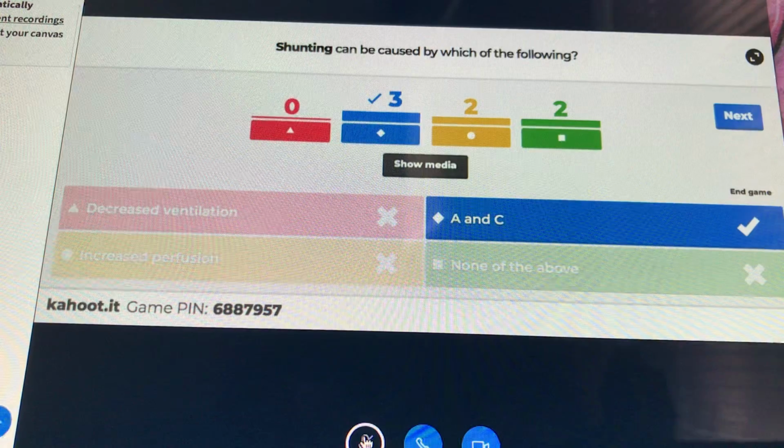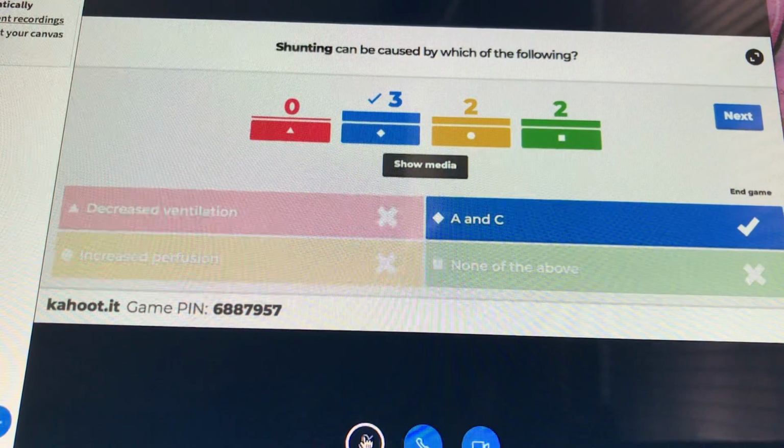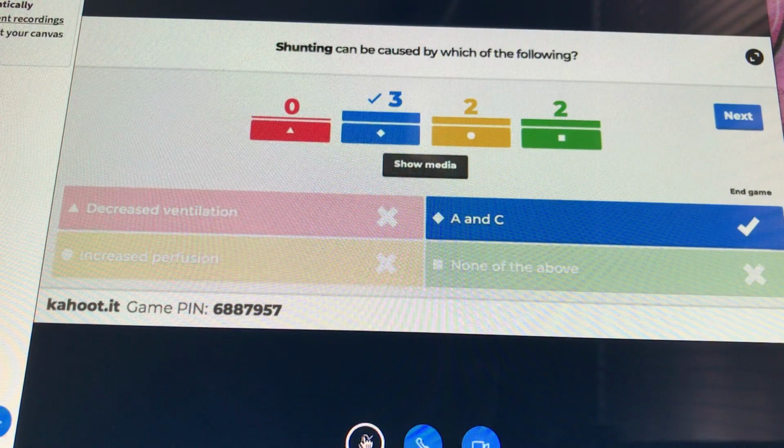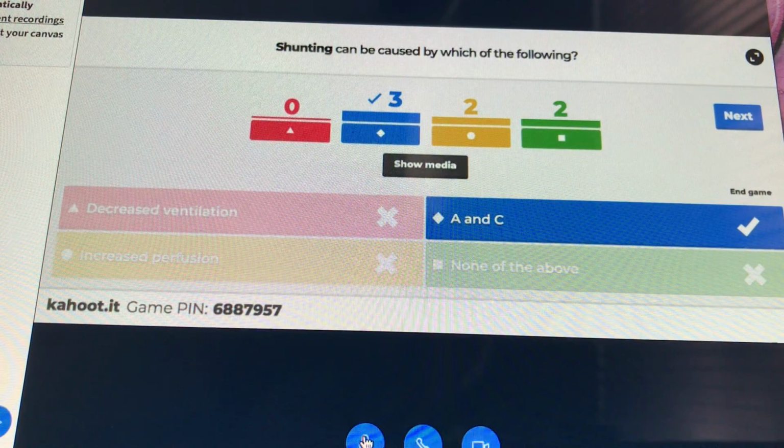Right, perfusion in excess of ventilation. So not enough ventilation to match the perfusion, which is why either a decrease in ventilation or an increase in perfusion can cause it. Does that make sense? Yes. Okay, so extra perfusion, too much perfusion, not enough ventilation, which is why these two things can cause it. But again, by definition, it's perfusion in excess of ventilation.